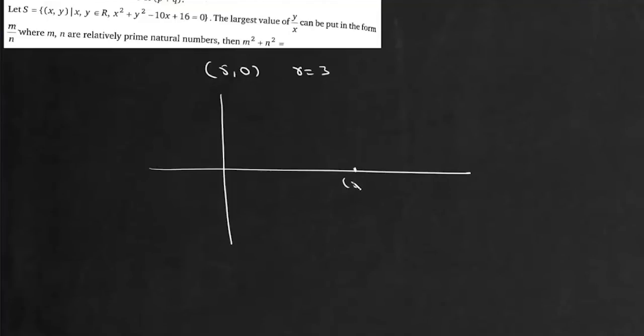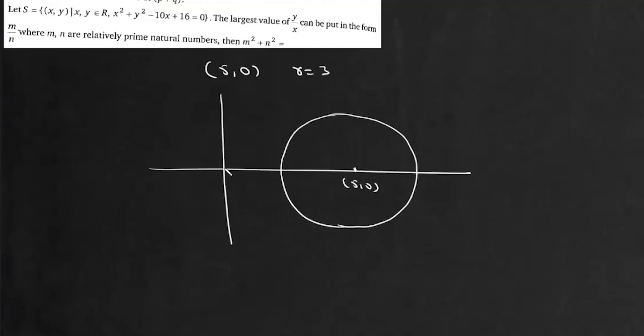Now here the question is, we are given this set S, which is basically points lying on this circle whose center is at (5, 0) and radius is 3 units. So we have this circle, center at (5, 0) and radius 3 units. And it asks for the largest value of y by x.